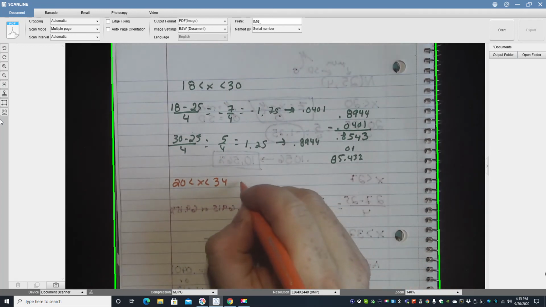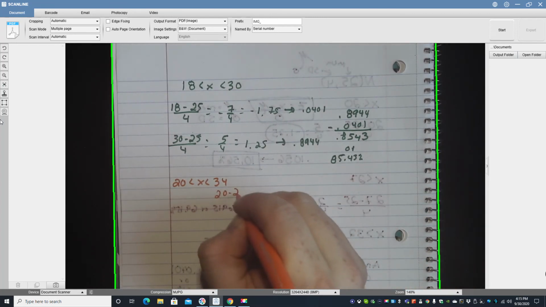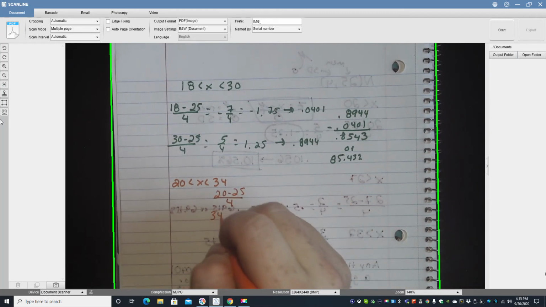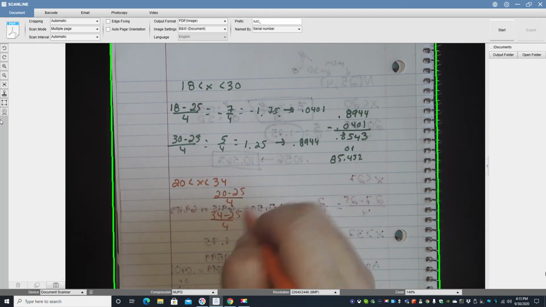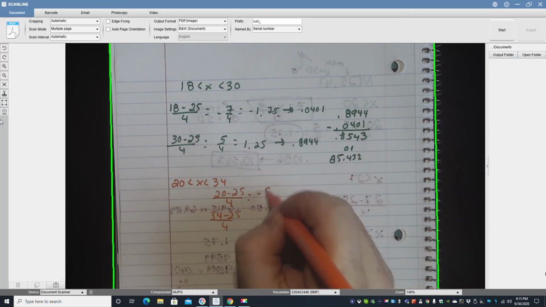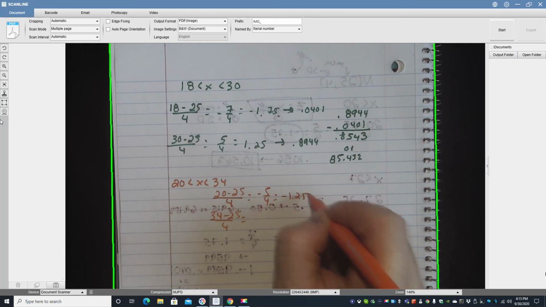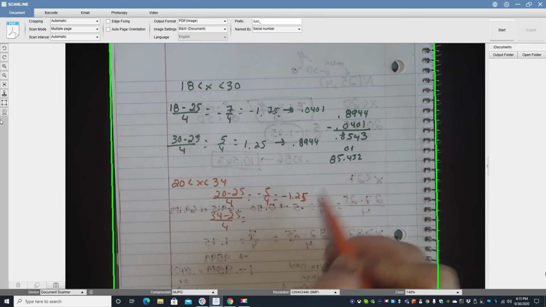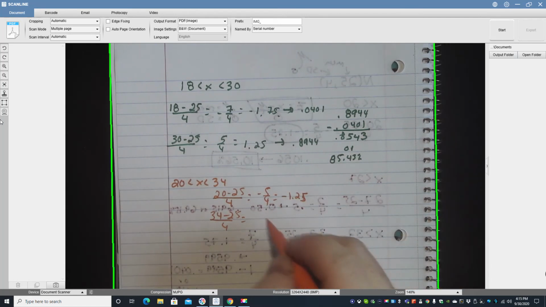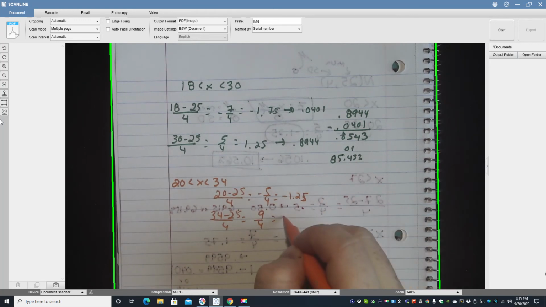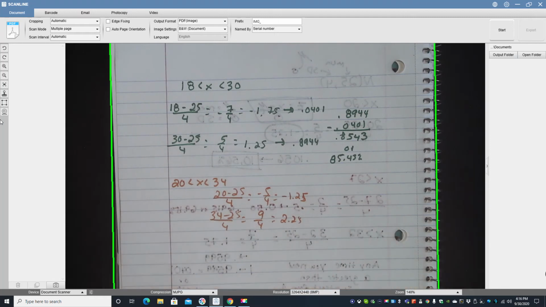So I can do 20 minus 25 divided by 4, and then 34 minus 25 divided by 4. This gives me negative 5/4, which is negative 1.25. And that would give me 9/4, which would give me 2.25.